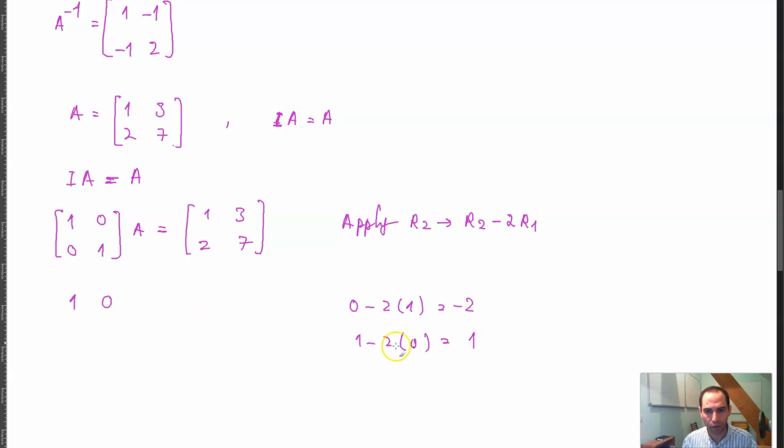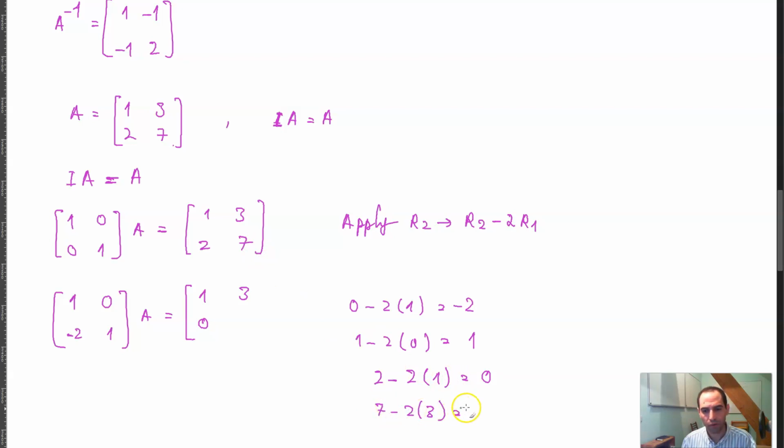So you have negative 2 and 1 here, multiplied by A, and that is equal to row 1 remains the same, 1, 3, and then here you have 2 minus 2 times 1, which is equal to 0, and 7 minus 2 times 3 is equal to 7 minus 6, which is 1. You get a 1 over here.